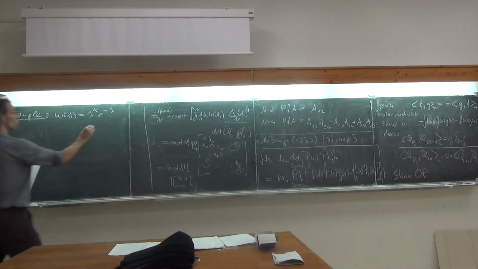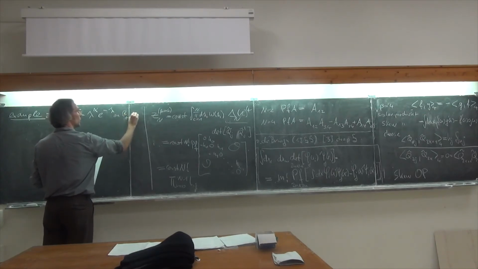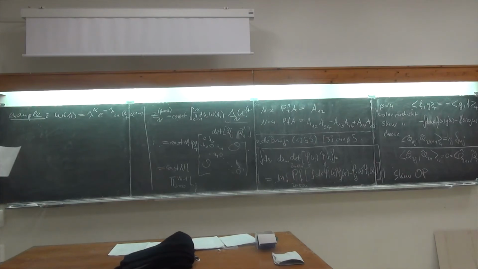Then, so this is plus, and alpha is bigger than minus 1, so that all integrals converge. And then you can find in the book, for example, the following explicit form.